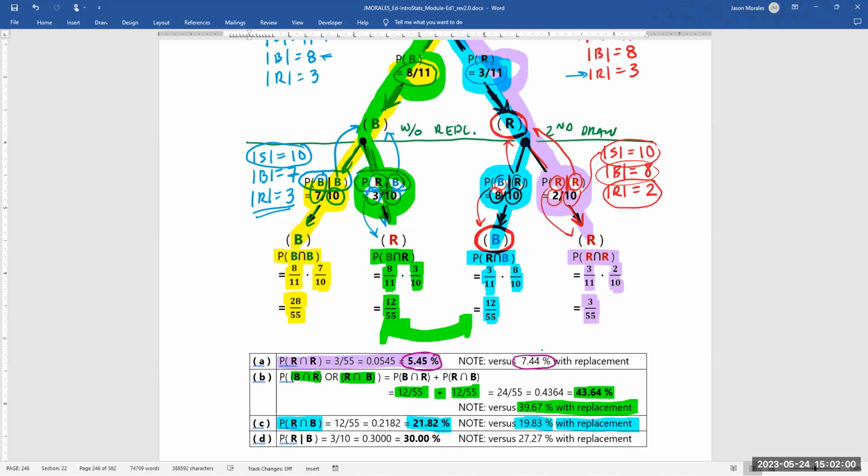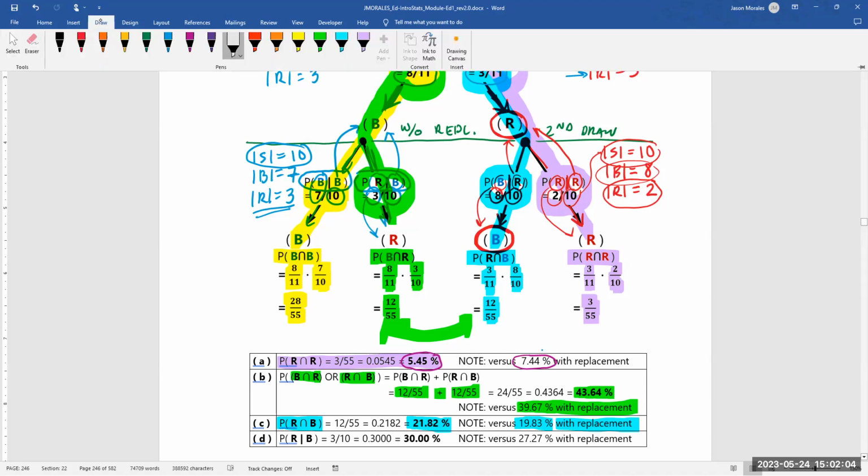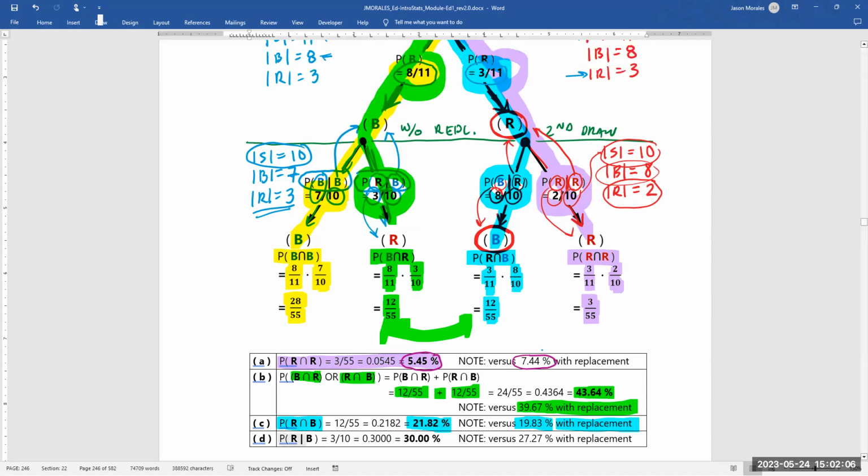And finally, if we look at the probability of red given that blue occurs first. So remember, using conditional probability, the probability of red given that blue occurs first means that we're starting here at blue having occurred first. It's a foregone conclusion.